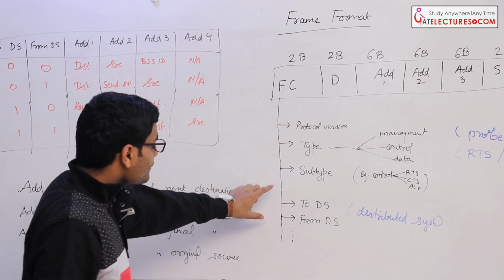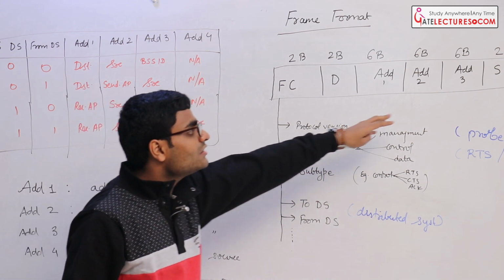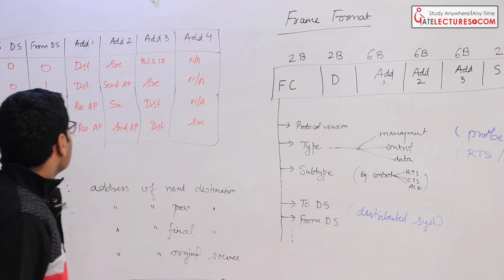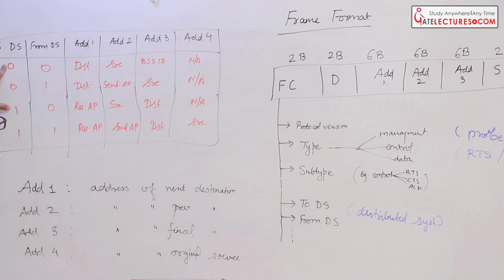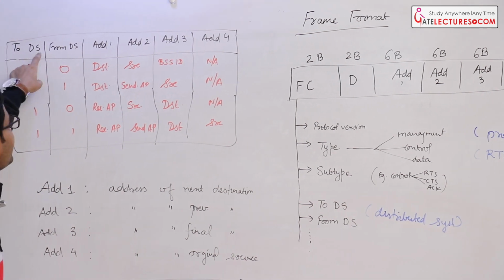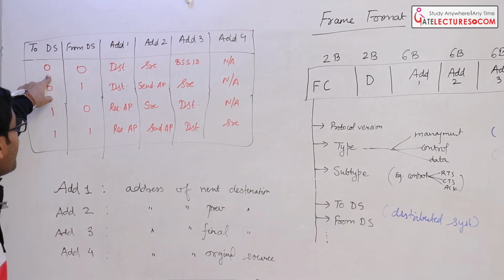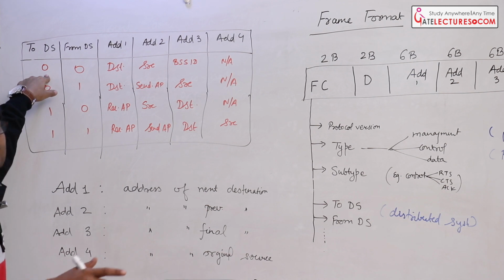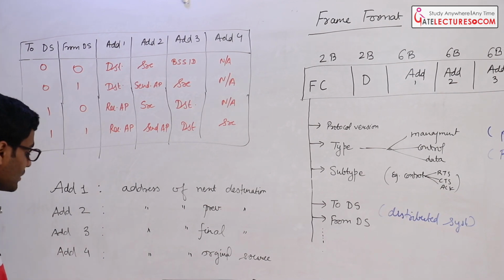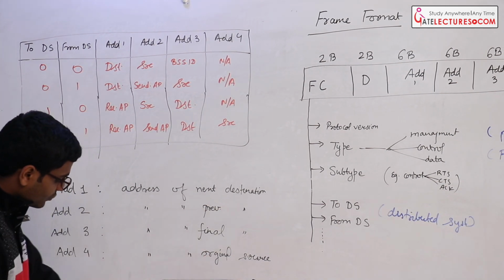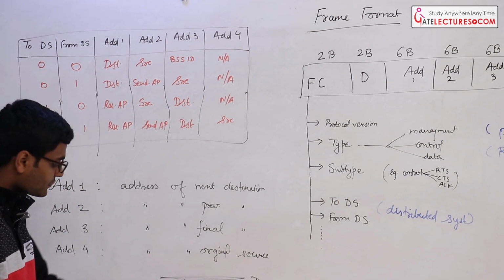Okay, so these two bits decide what these four addresses are going to be. So if these two bits are 0 0, what do we mean by 0 0? If the to DS bit is 0, it means the packet is not going to the distributed system. Actually, the complete picture is there. These are the stations and this is the ESS.